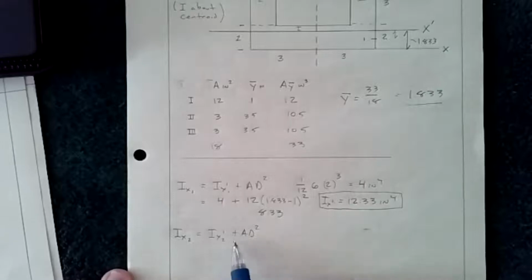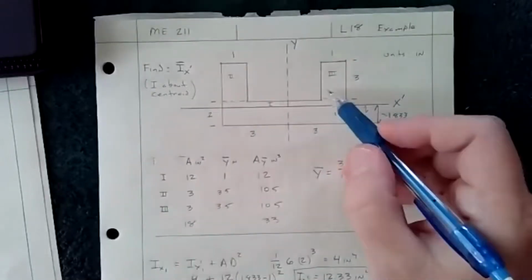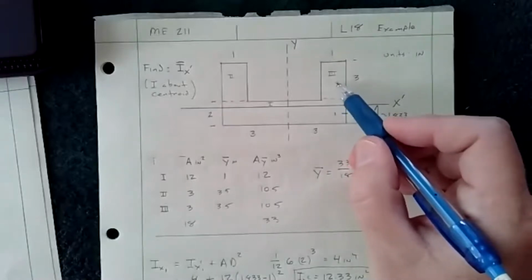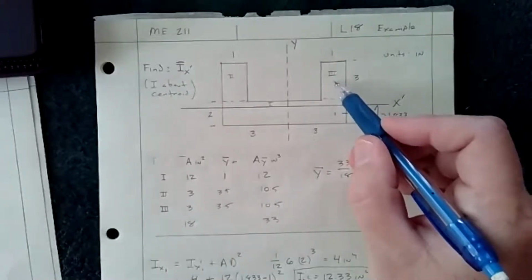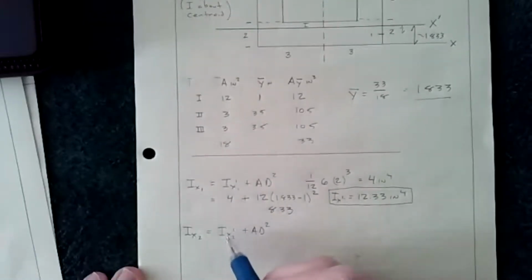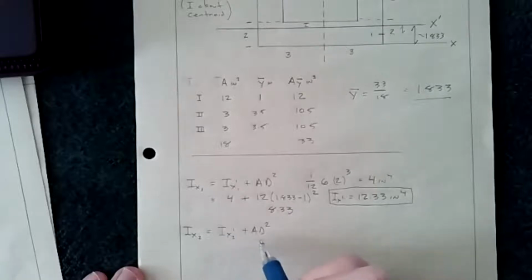So that's always the case, because unless the centroid of the object goes through the centroid of the small piece, then you have to use parallel axis theorem.